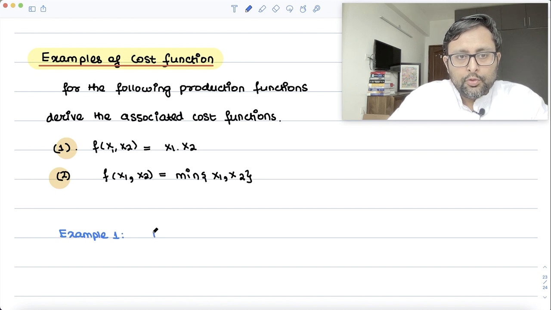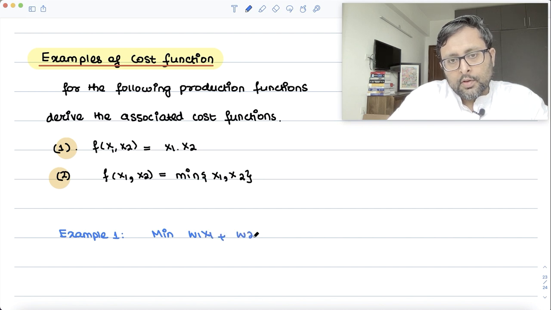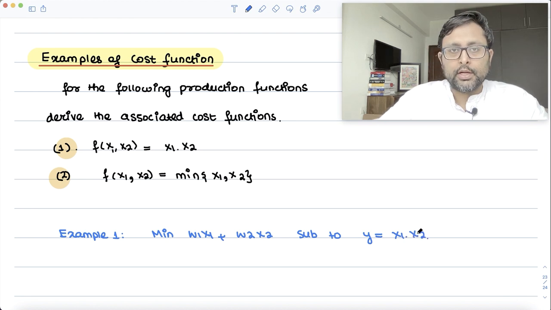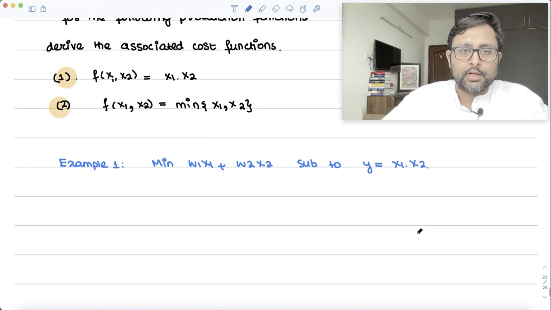So what do you do? You minimize W1x1 plus W2x2, subject to y equals x1 x2.